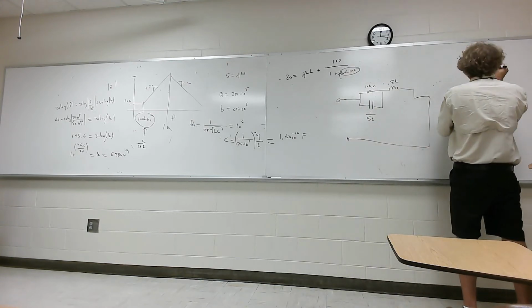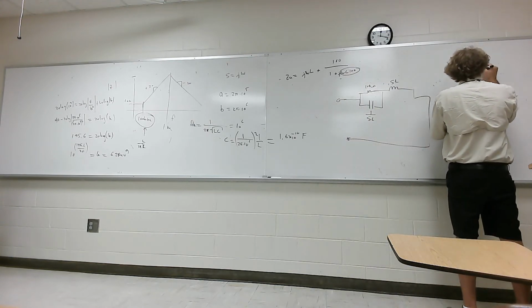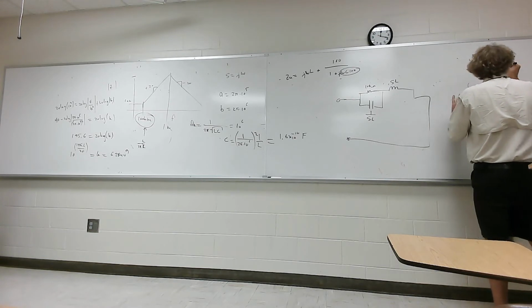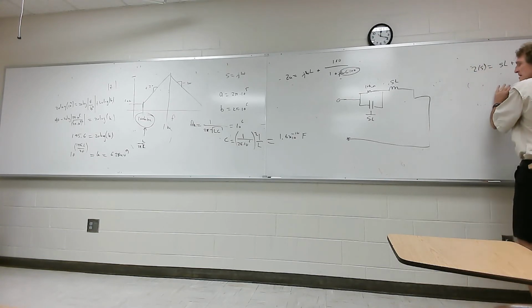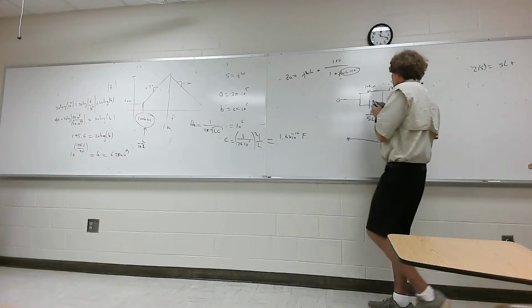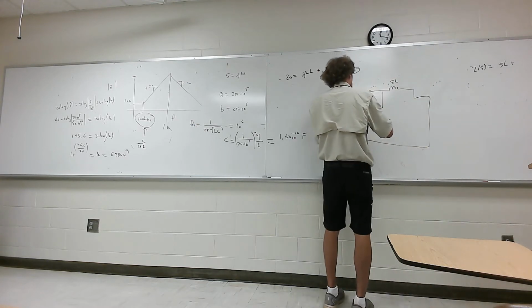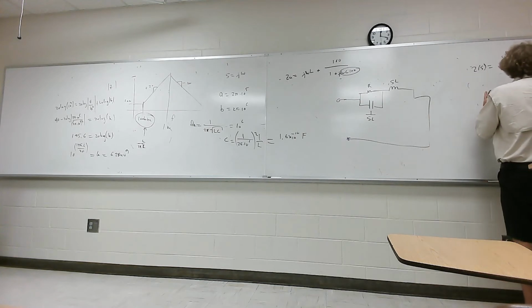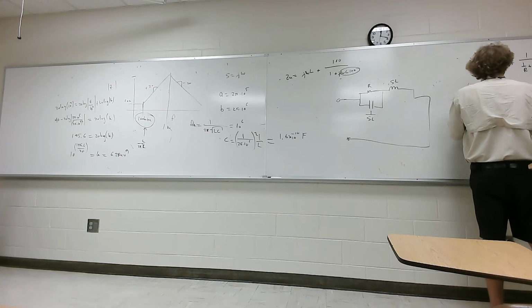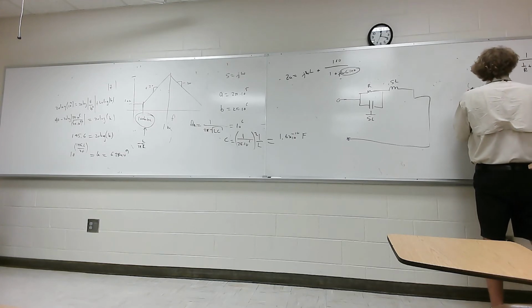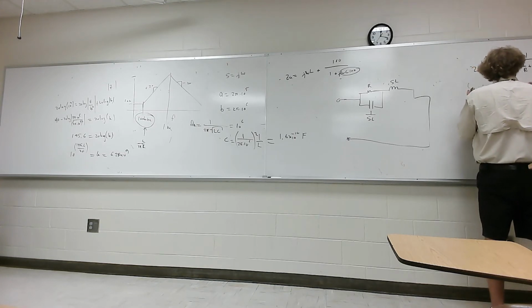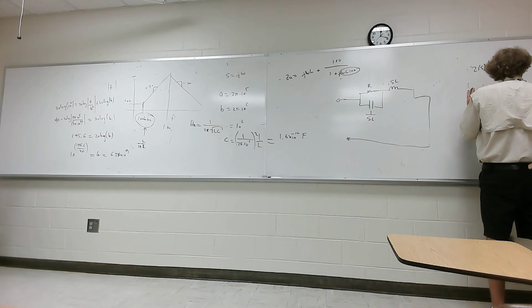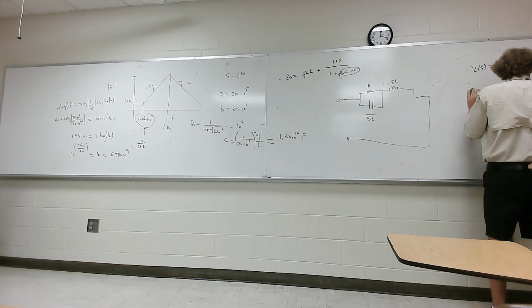So my Z of S here will be equal to SL plus, and I'm just gonna leave this as R for now, plus 1 over R plus SC. Then I'll say this is gonna be SL plus R over 1 plus SRC here.